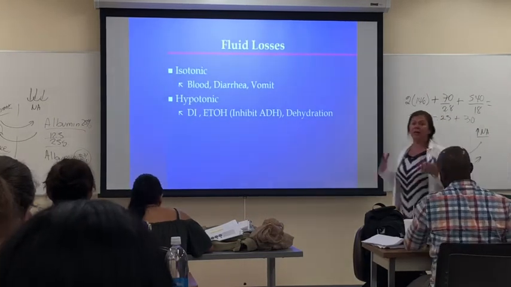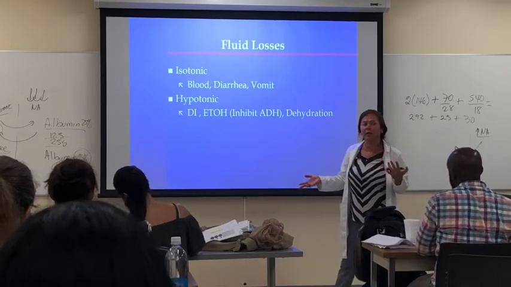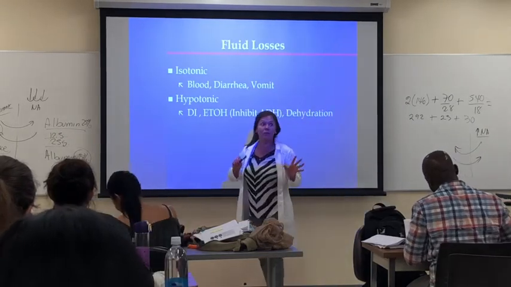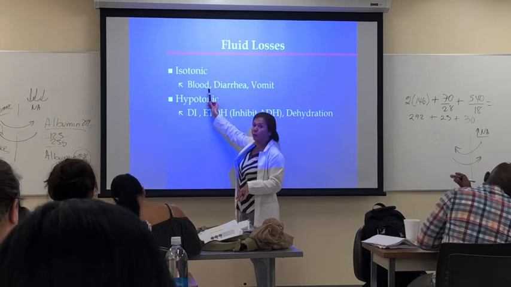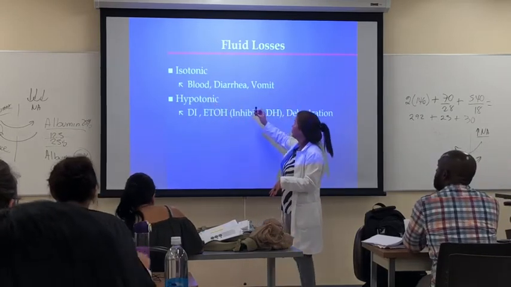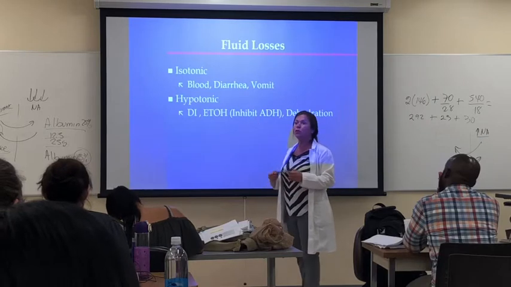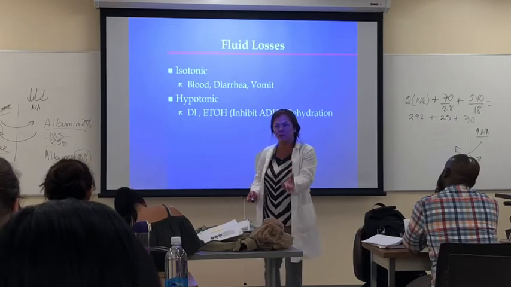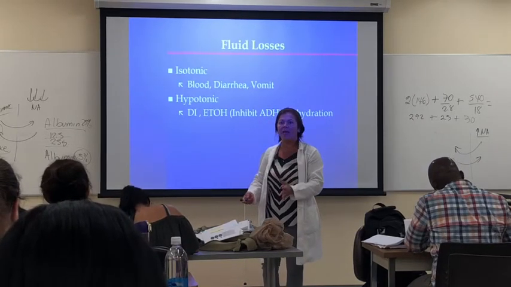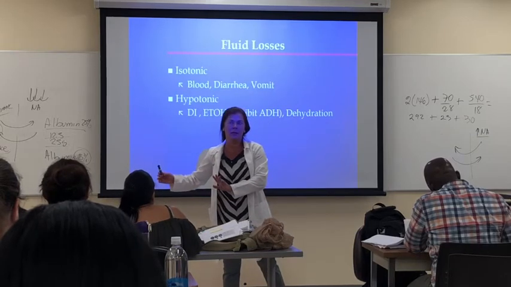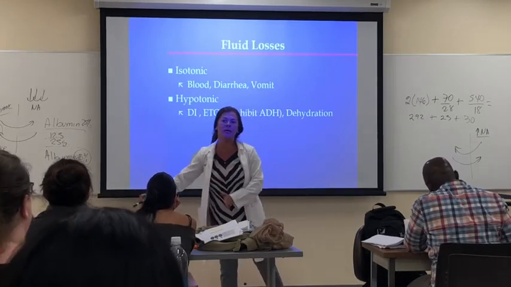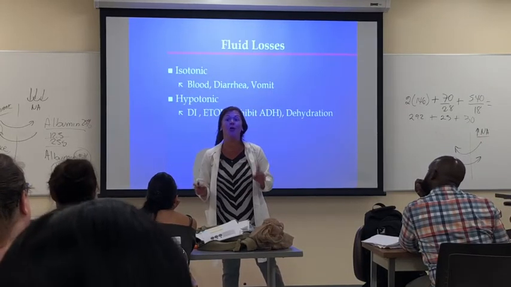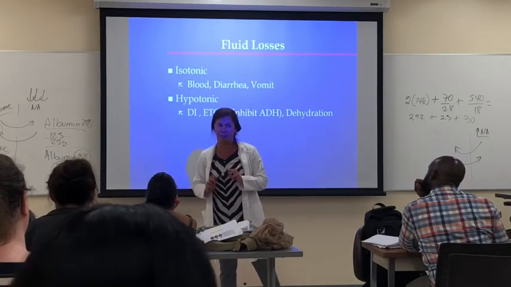So just having in mind, how do you lose isotonic volume? The type of fluids, yes. For example, when you bleed, you basically lose isotonic fluid. When you have diarrhea and vomiting, you lose isotonic fluid. Why? Because you lose water and the same amount of electrolytes with it. Compare having polyuria from the second phase of renal failure, which is isotonic, to the polyuria of diabetes insipidus.